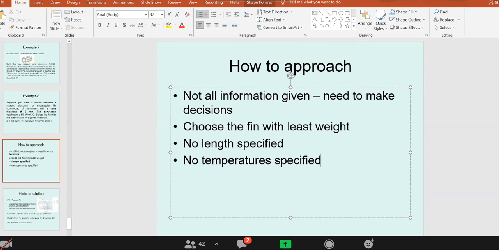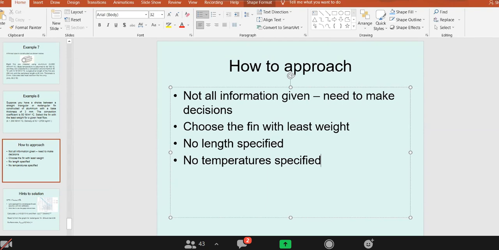Let's assume that since no data is given to us, let's start with one of the fins and do the calculations based on that, and then compare similar heat transfer for the other kind of fin. This is the approach I have taken, but it is not the only way. You can solve it in many different ways, and that's the beauty of design, that you always have more than one possibility.